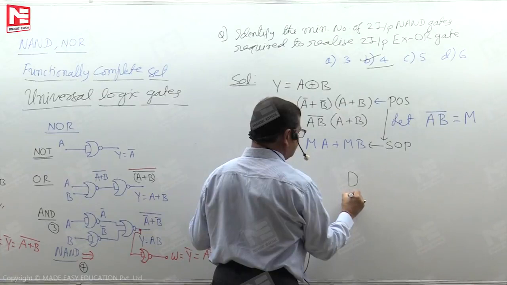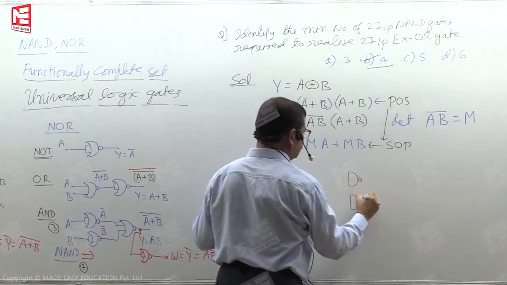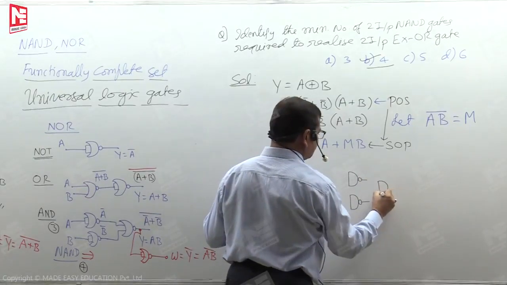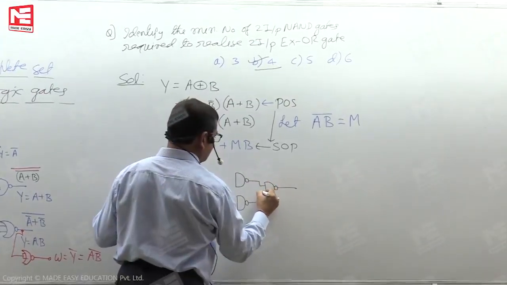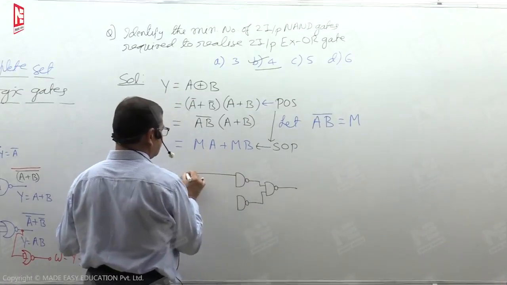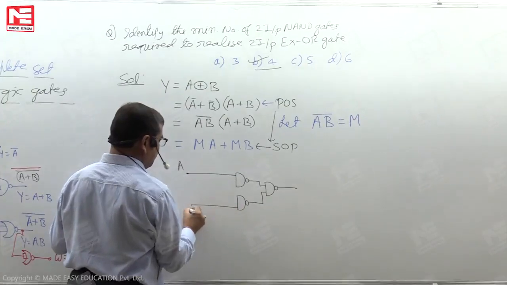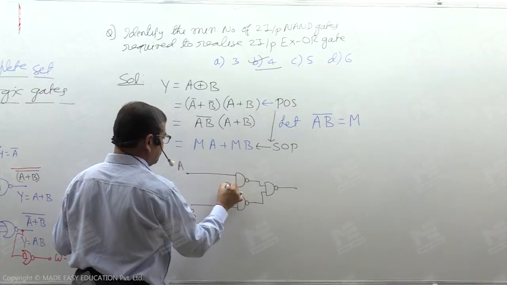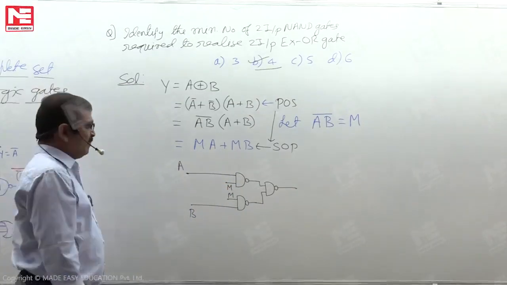At level 1, 2 NAND gates because of two product terms, and of course at level 2, only one NAND gate. So this is A input, this is B input, and the second input to each gate is M.